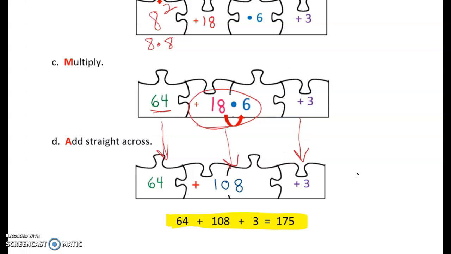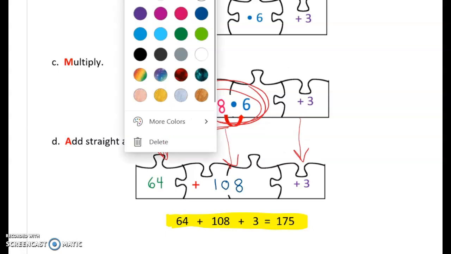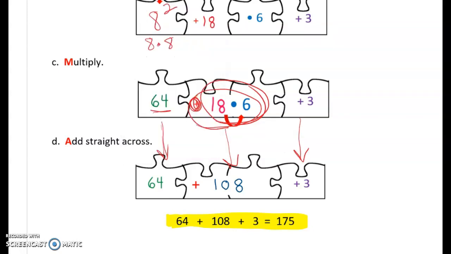64, oh, this is an addition symbol. I can't do that first. I have to do the multiplication first. So 18 times 6 is 108. So now I'm going to bring everything down. So 64 comes down. There's nothing more I need to do with it.